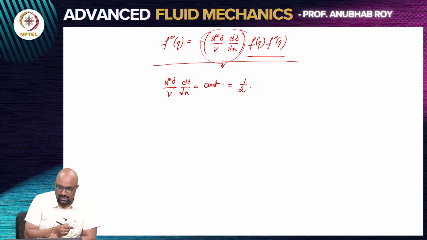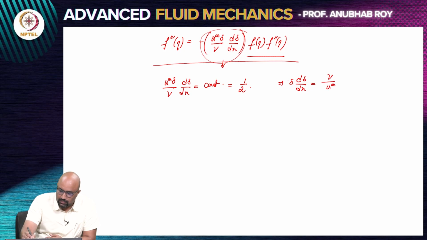So, if you choose this to be half, what you have here is d delta dx is equal to half, or nu by 2 u infinity into 1 by delta, or rather I can keep the delta here.